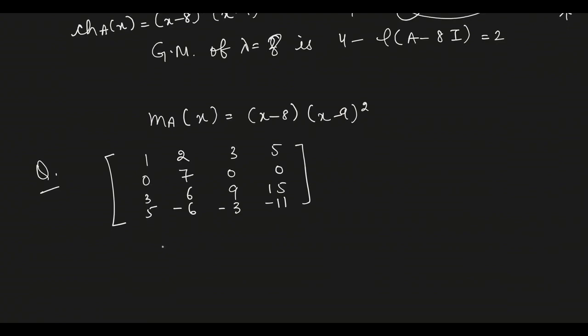Eigenvalues are 9, 0, 1 and -4. One of the eigenvalues will be 7, so another is -10.